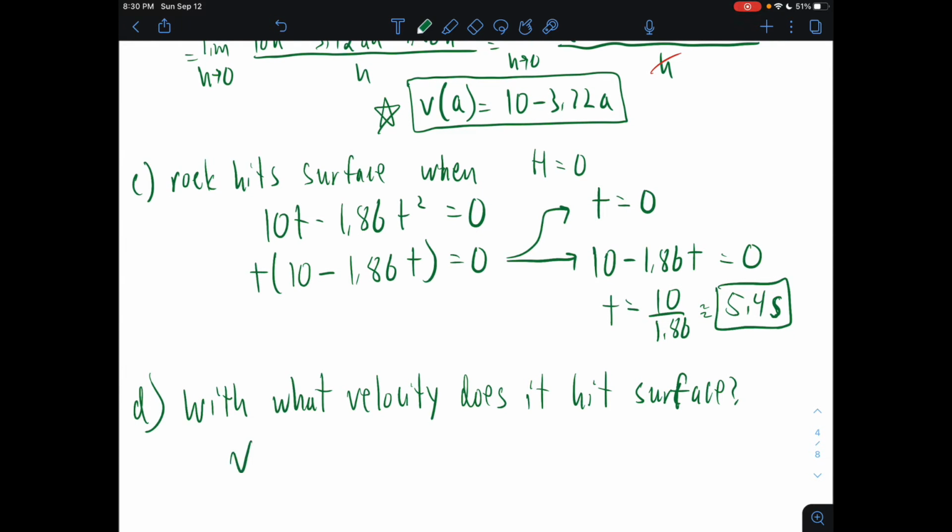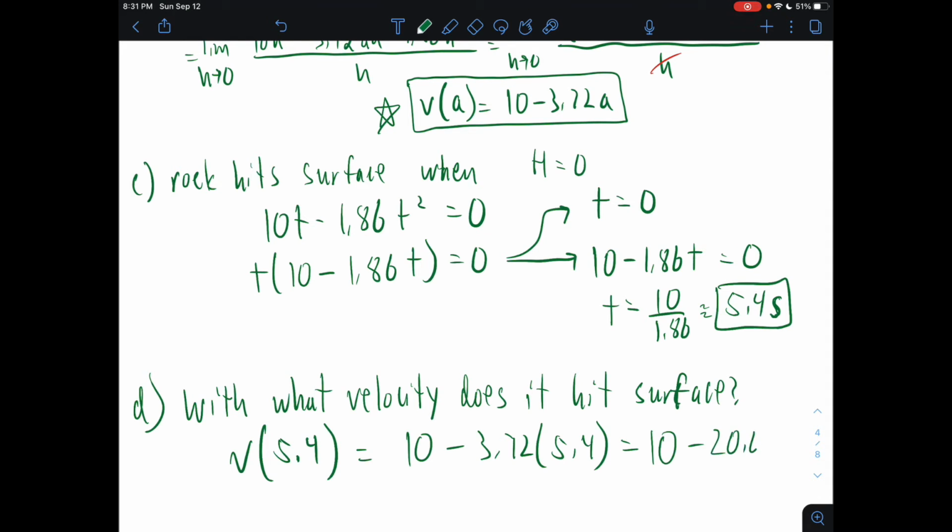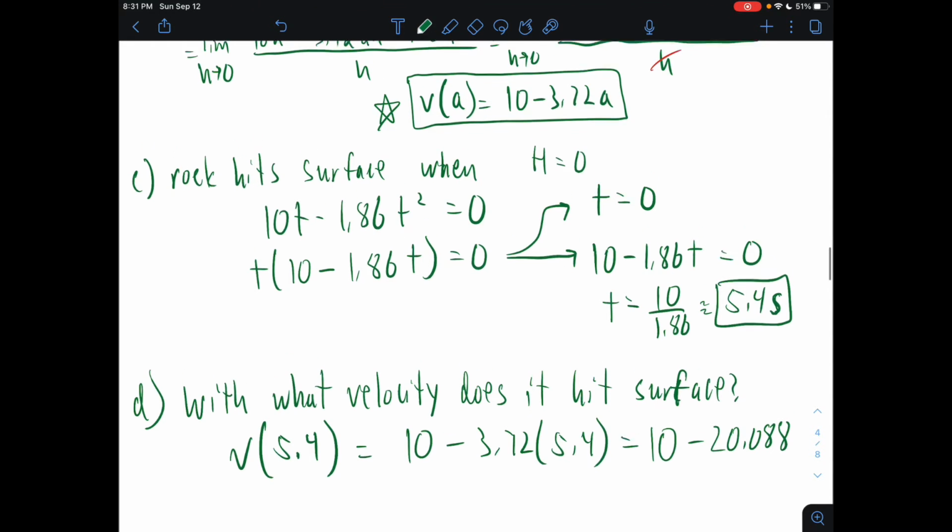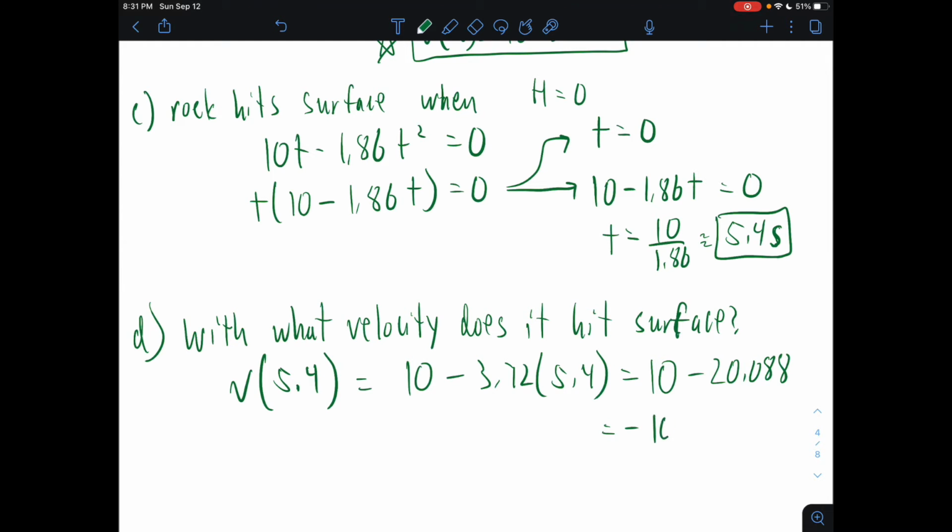That's just velocity at the time, our approximation 5.4 seconds, which just means 10 minus 3.72 times 5.4, which equals 10 minus 20.088, which gives us a negative answer. Negative 10.088. Again, this is a velocity question, meters per second.